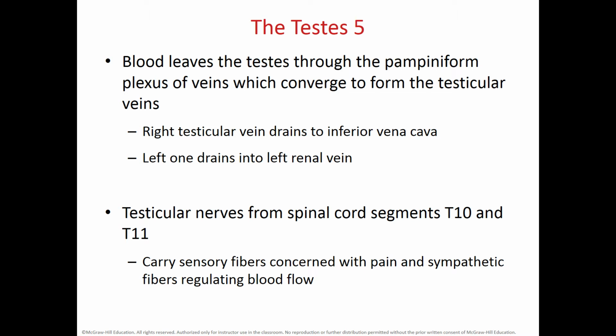Innervation to the testes happens by T10 and T11 spinal nerves, and they will carry sensory fibers that deliver pain sensation through the sympathetic system, and also regulate blood flow.